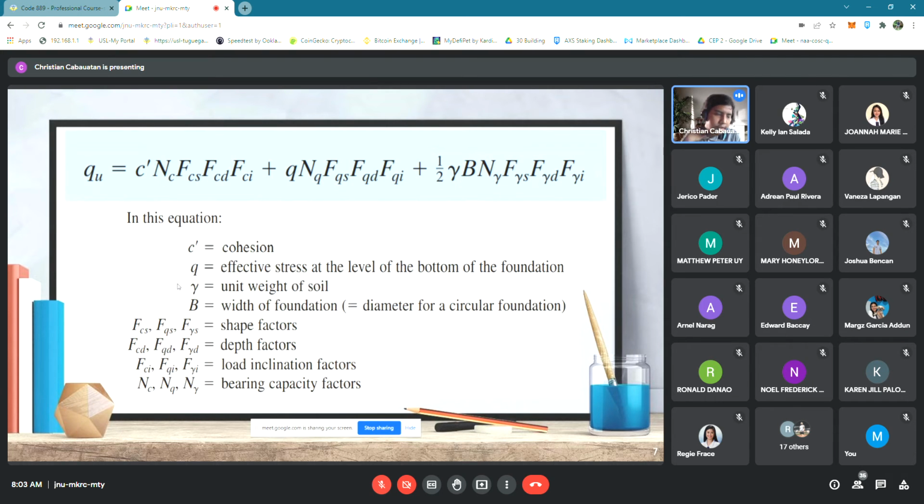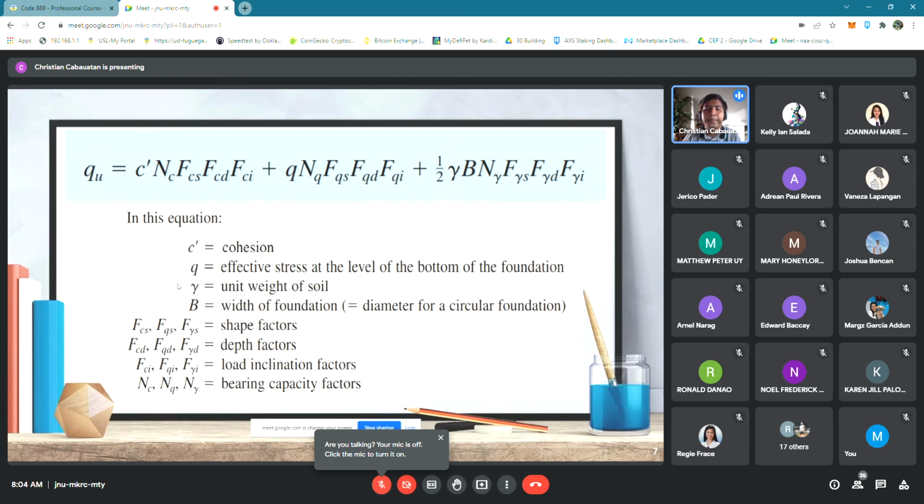For that equation, letter c there is the cohesion as usual. The q there is the effective stress at the level of the bottom of our foundation. The gamma there in the last term would be the unit weight of the soil. The B there is the width of the foundation. For the circular, again, it would be the diameter of the circular. Fcs, Fqs, and F gamma s are the shape factors.